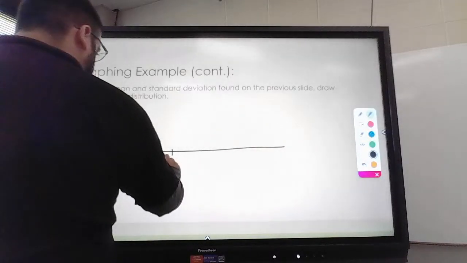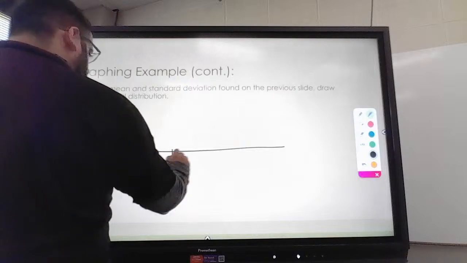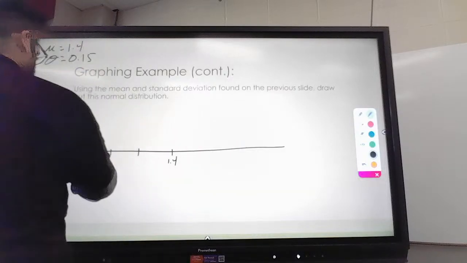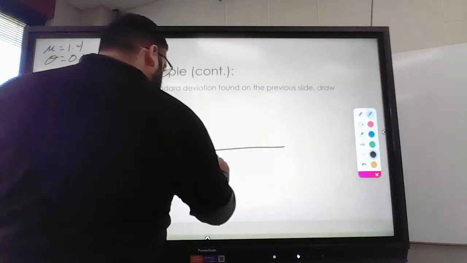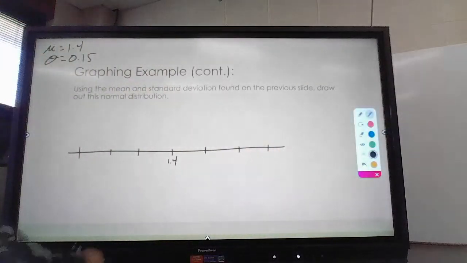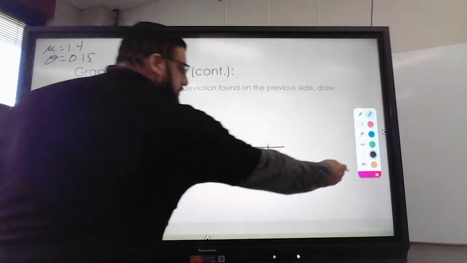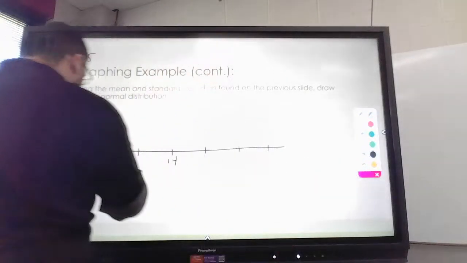So that's 1.4. Here's 1 standard dev, 2 standard devs, 3 standard devs. 1 standard dev, 2 standard dev, 3 standard dev. Now 1.1 and 1.7, excuse me, were the 2 standard dev mark.